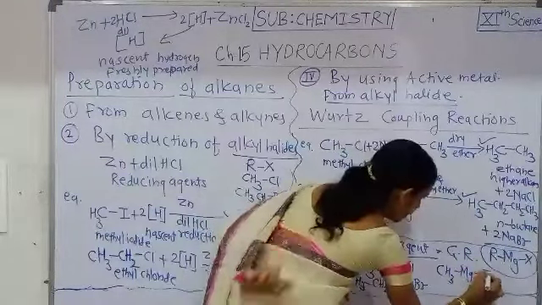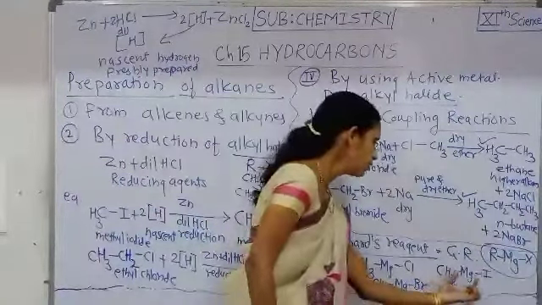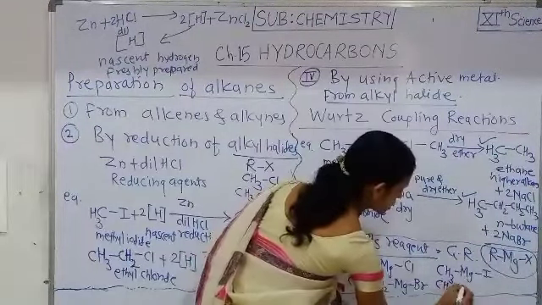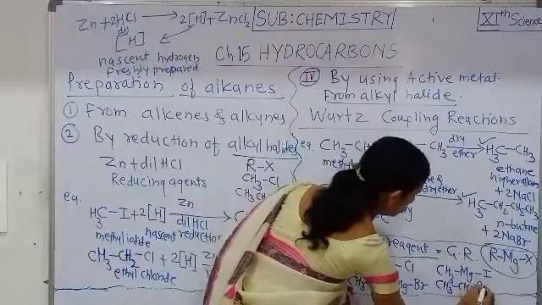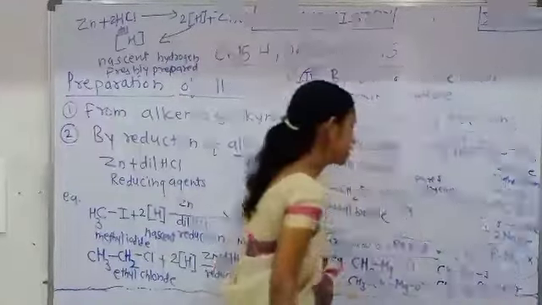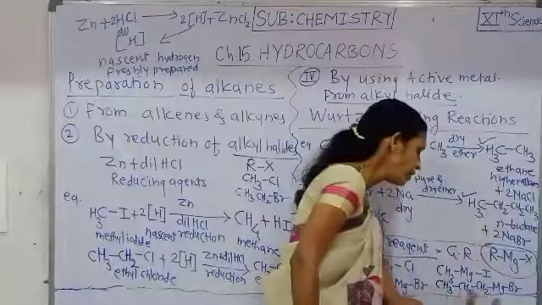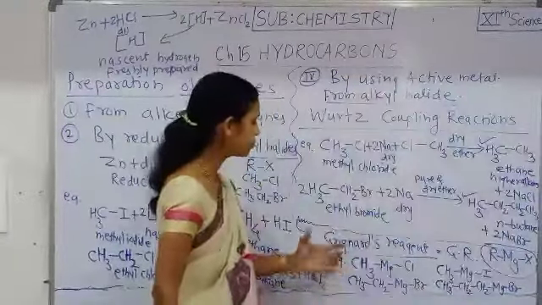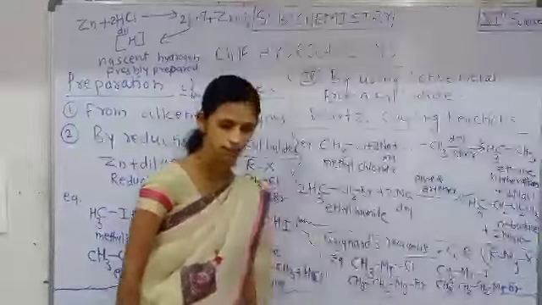CH3MgI, that is methyl magnesium iodide, or CH3CH2CH2MgBr, that is n-propyl magnesium bromide. Those are a few examples of Grignard's reagent.